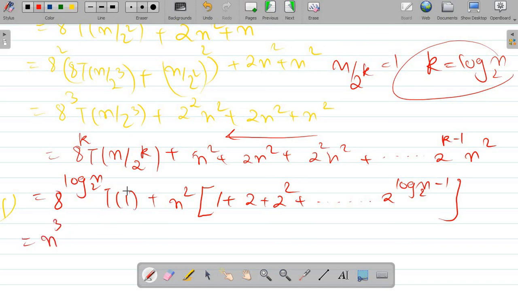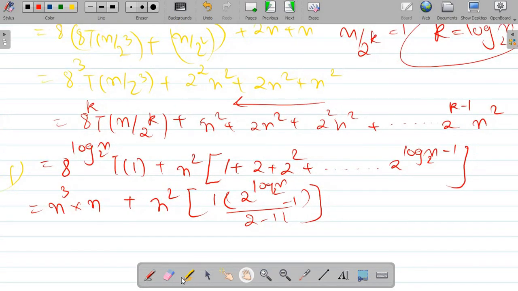And we know that our base condition takes order of n time, and then plus n square into this value. Now this value can be achieved using the GP series. The first term is 1, 2 is the common ratio, and the number of terms is log n base 2, so (2 to the power log n minus 1) upon 2 minus 1.